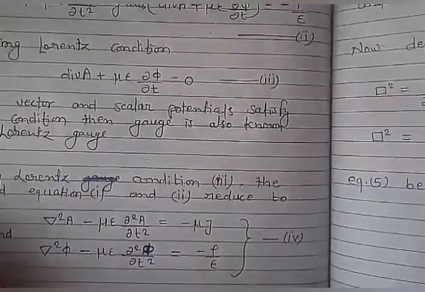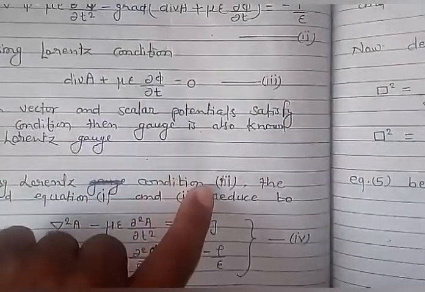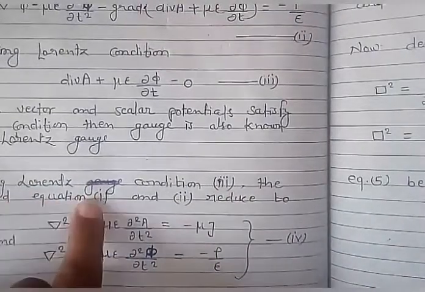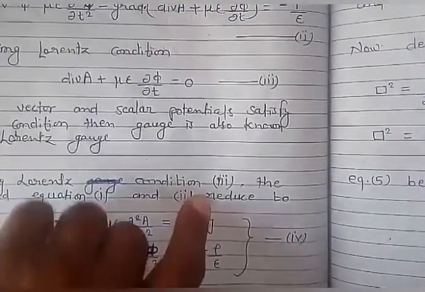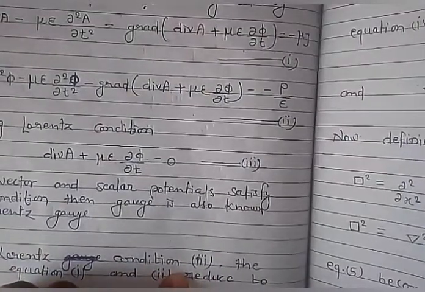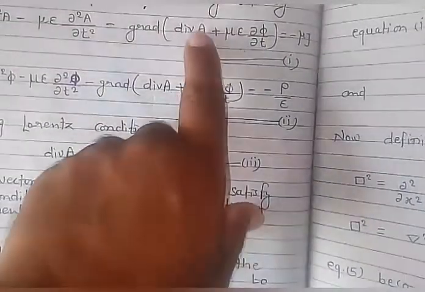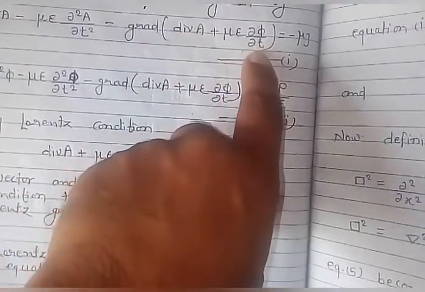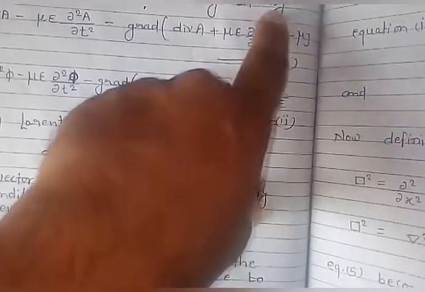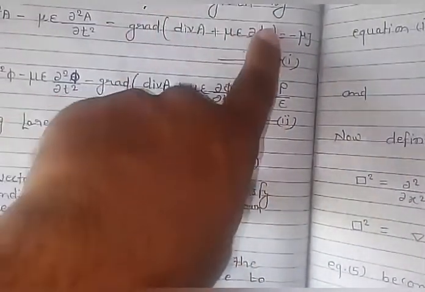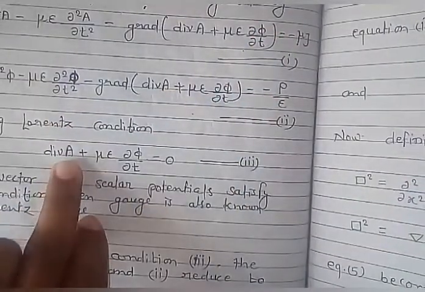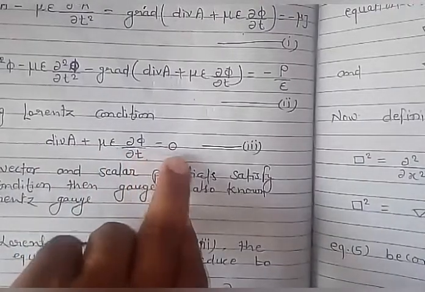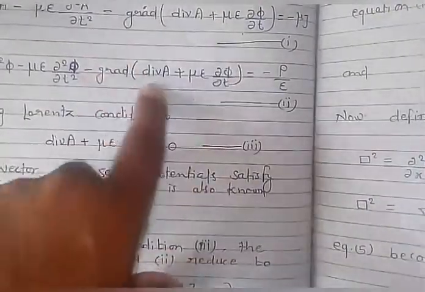Using the Lorentz condition in Maxwell field equations first and second, when we put in the first equation divergence A plus mu epsilon del phi by del t, this portion will be 0 because divergence A plus mu epsilon del phi by del t equal to 0, and also this portion will be 0.